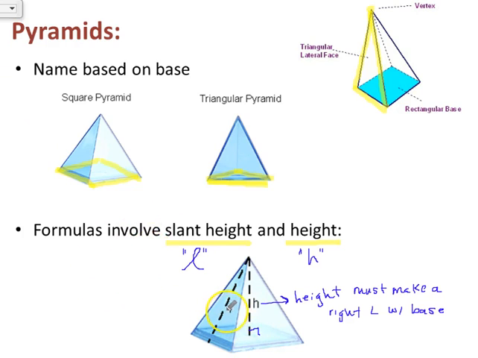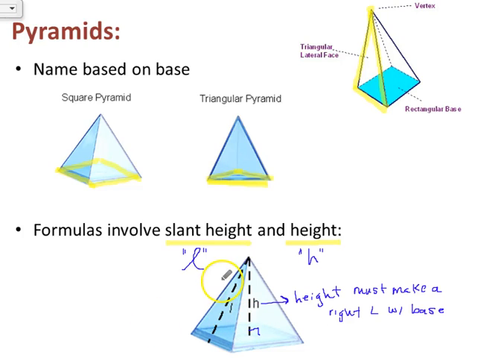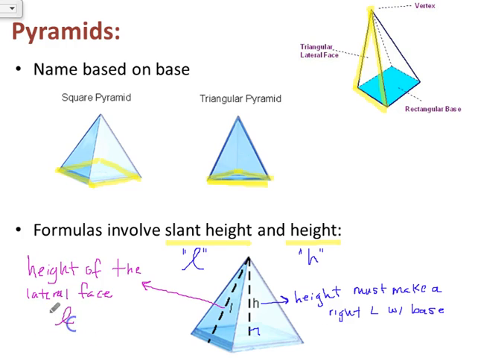Now let's focus on the slant height, and the slant height is the height of the lateral face. So this slant height here is the height of the lateral face. So again, make sure you write these down, the difference between the two.